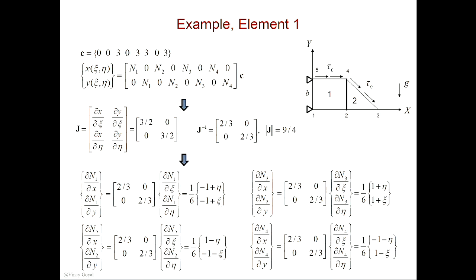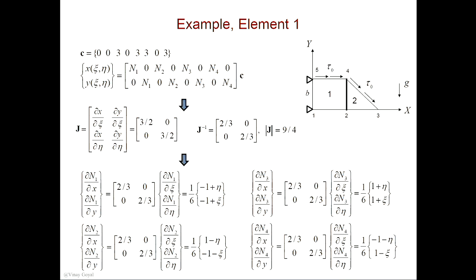Okay, so now I'm ready to calculate these derivatives that I'm going to need. I have to calculate the Jacobian, which I did already. J inverse, I already have that. I have to calculate these derivatives. So for shape function 1, if you go back to the previous lecture, shape function 1 is 1/4 of (1 minus xi) times (1 minus eta).